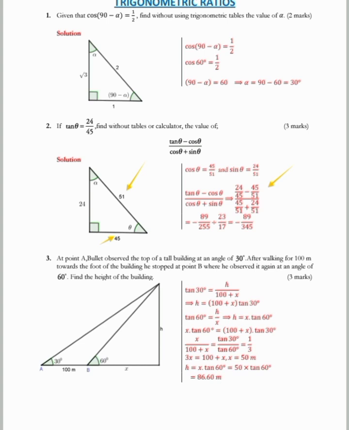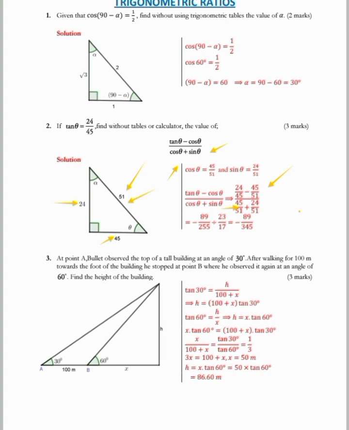Then the denominator is cos theta again. Cos theta is the same, 45/51, plus sin theta, which is given by opposite over hypotenuse, 24/51, which we have here.